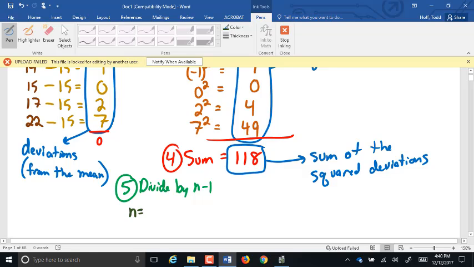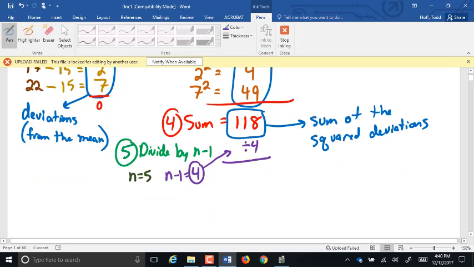So n equals 5. So that means n minus 1 equals 4. You divide by 4. What's that, 29.5? Is that what we get?